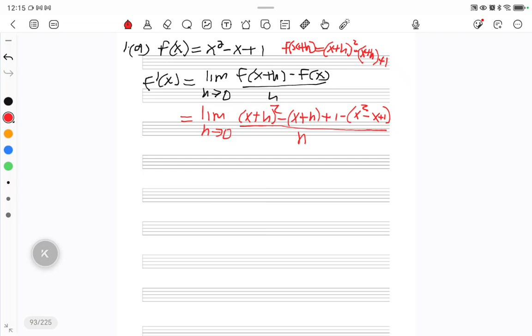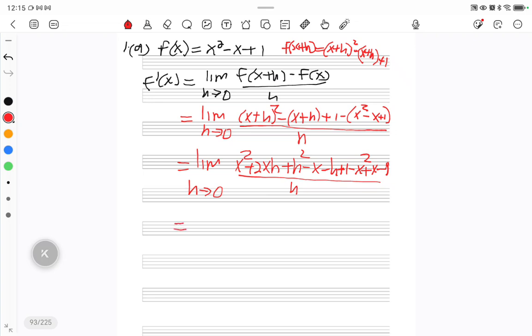Then this will be equal to the limit as h approaches 0 of x squared plus 2xh plus h squared minus x minus h plus 1 minus x squared plus x minus 1, which will be all over h.